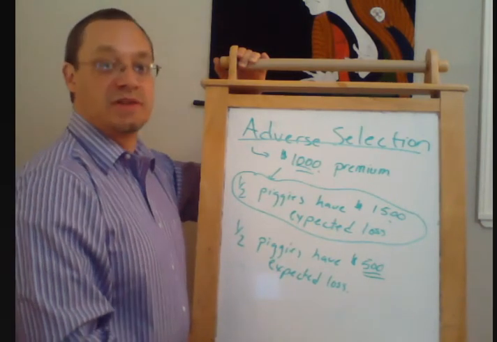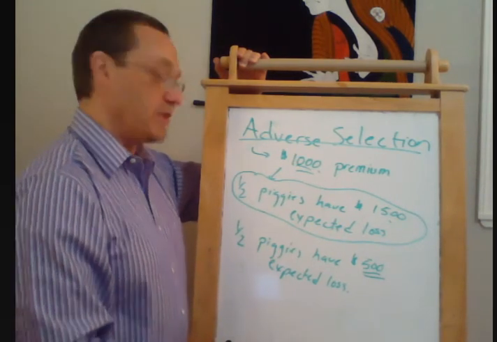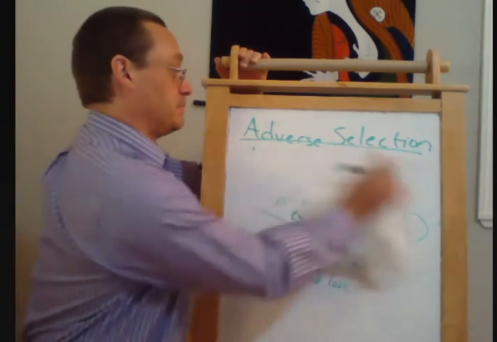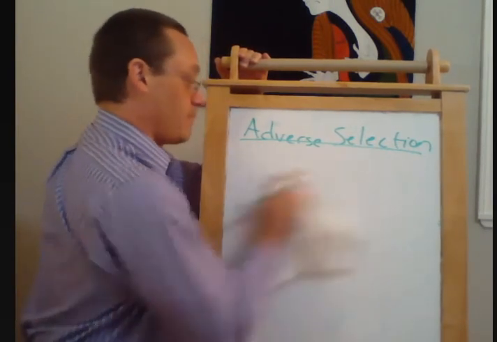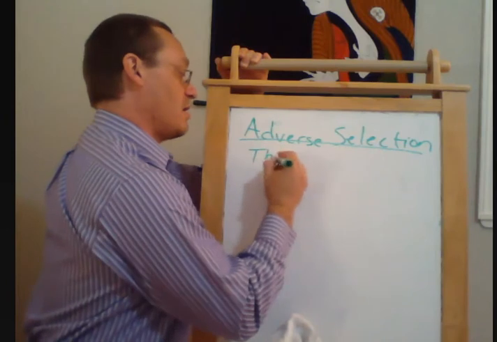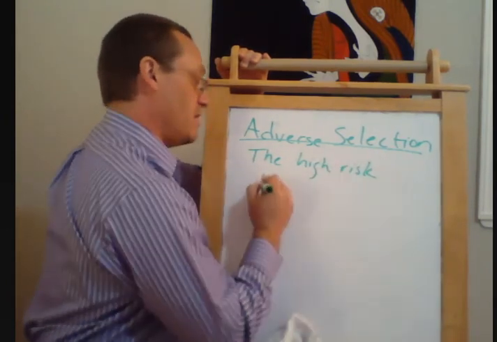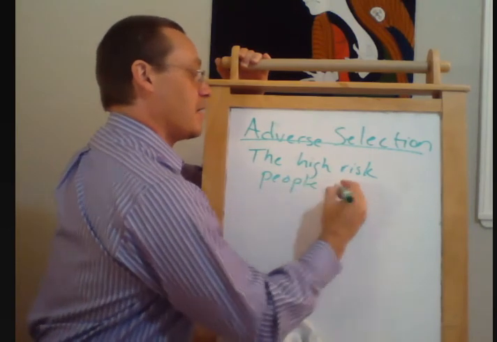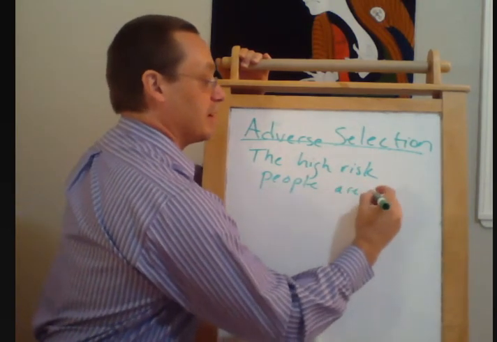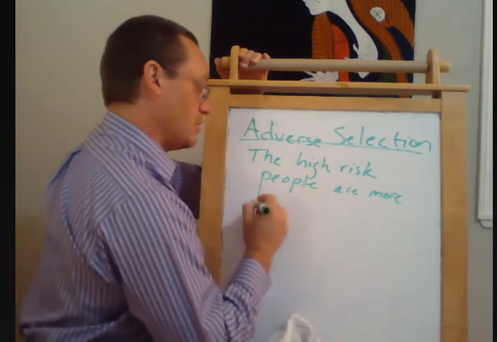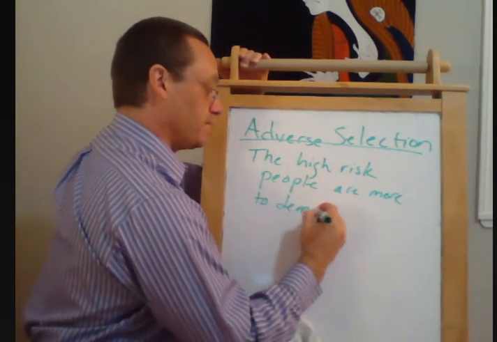So adverse selection refers to a situation where the high-risk people are more likely to demand insurance.